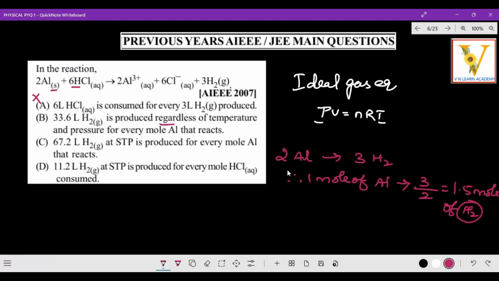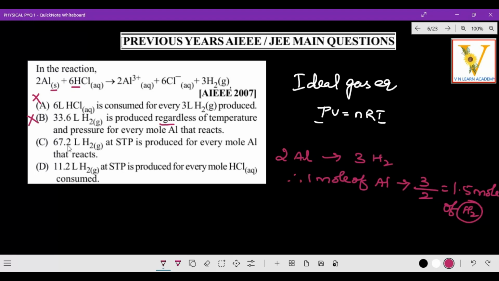Here they have brought volume, but did not mention any specific volume. Aluminium is in solid state and hydrogen is in gaseous state, so we cannot bring that exact answer over here. So this answer also will not be applicable.